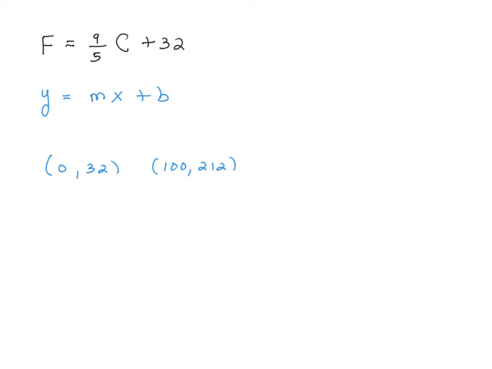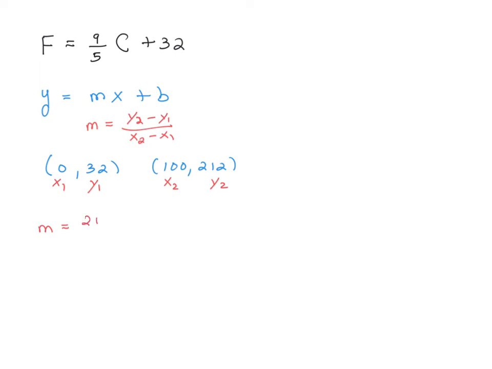Well, what's the formula for slope? It is change in y over change in x. On my points, I can call this x1 and I can call this x2. My y values, I can call this y1 and this one y2. Using the formula for slope, I'm going to do y2 minus y1 divided by x2 minus x1.